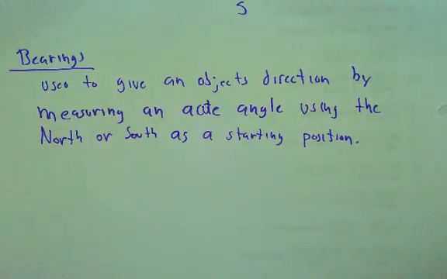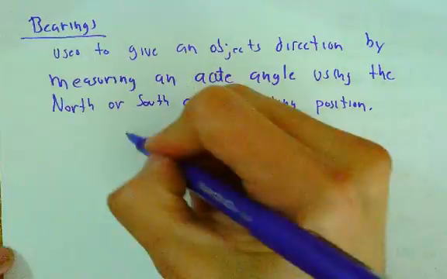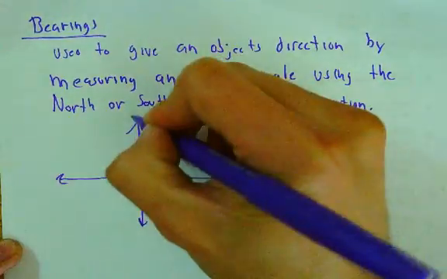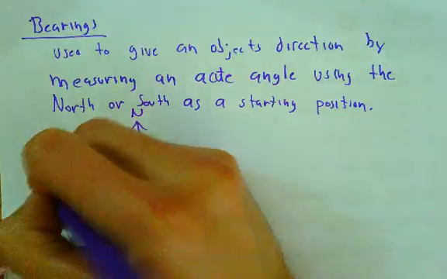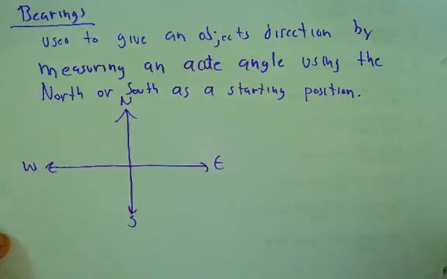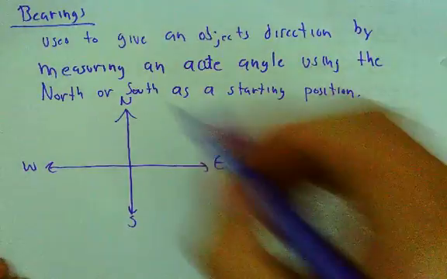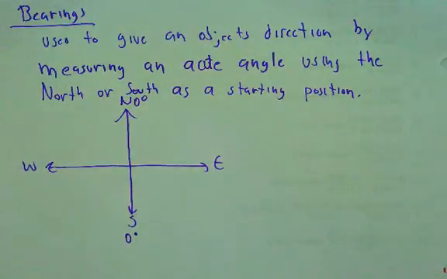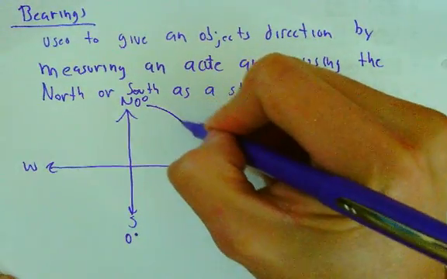You're still going to have a compass. So here's your north, south, west, and east. What it means is that when you have a bearing, you're going to have to begin measuring from either the north or the south, which means that the north and the south are both considered 0 degrees. Okay? And then you have to measure going in this direction. If you go in that direction, that is considered going northeast.